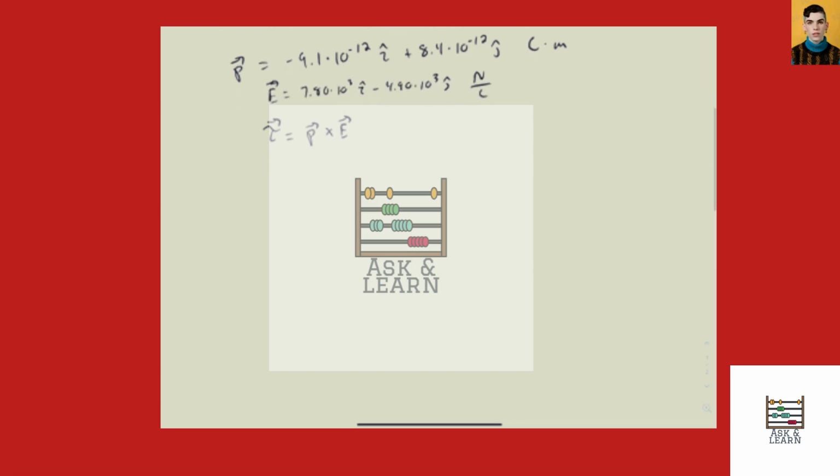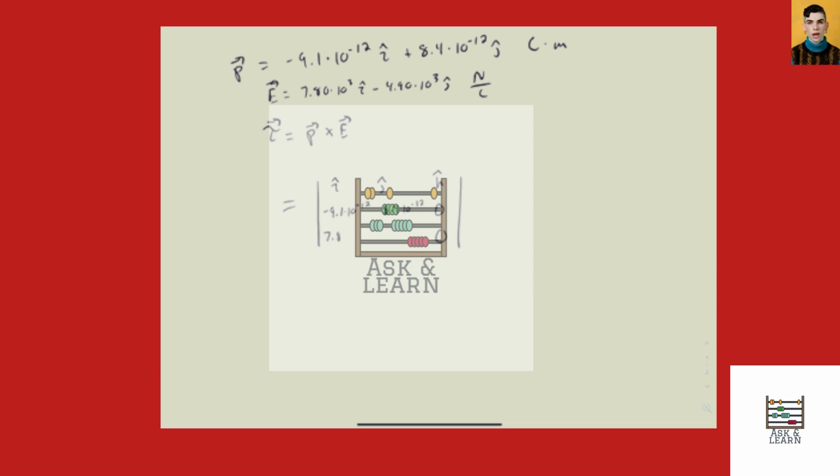So to take the cross product, we can set up a 3x3 matrix, where we have i hat, j hat, k hat, and then there are no k components to start, so we can plug in the x and y components of each vector. This is 9.1 times 10 to the minus 12 and 8.4 times 10 to the minus 12.